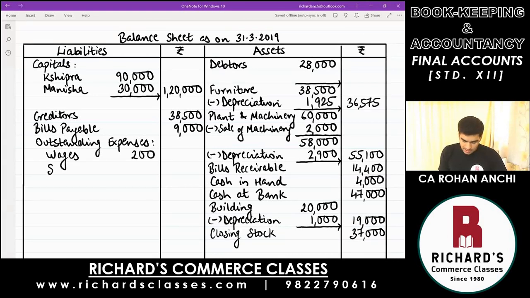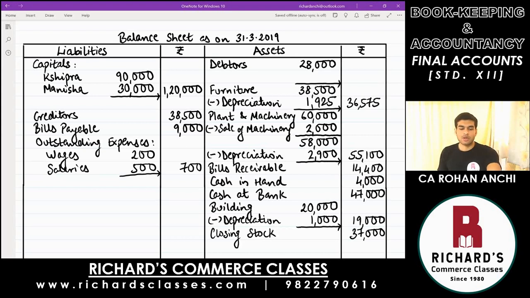And below that, salaries, 500. Total outstanding expenses, 700. Okay. Two effects are done.